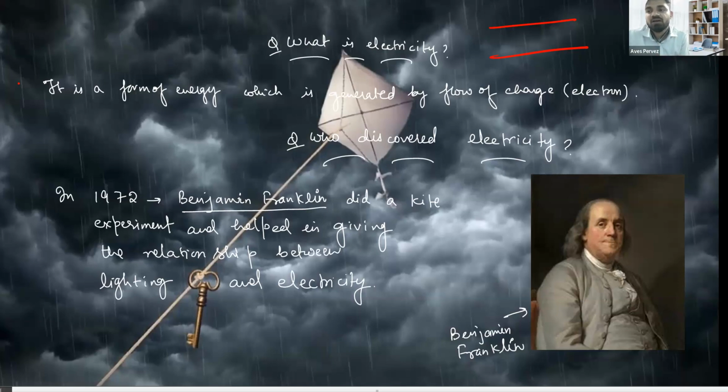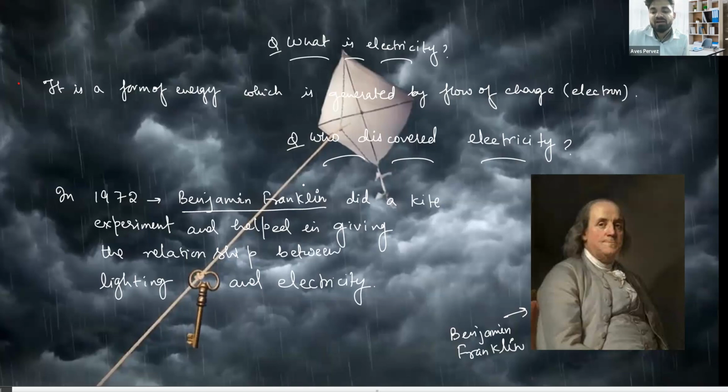There are certain famous scientists who gave the relation with electricity. For example, Benjamin Franklin. In ancient times, when lightning took place in the clouds during rain, people thought the god was angry with us and was showing his anger in the form of lightning.